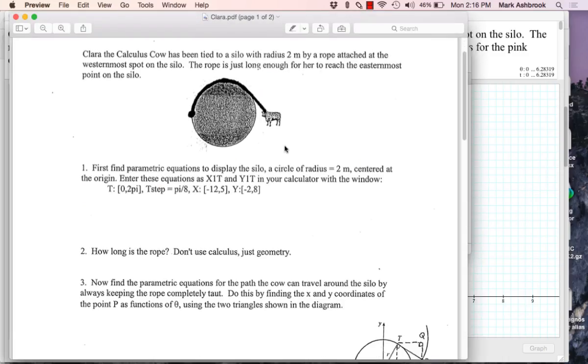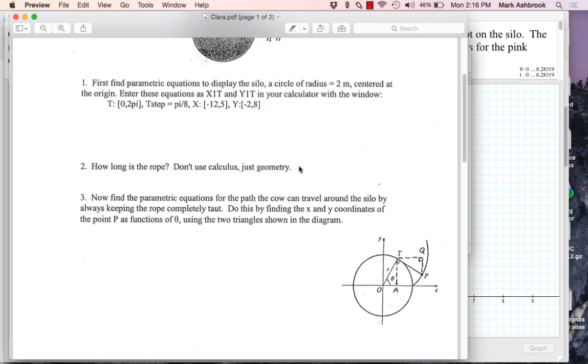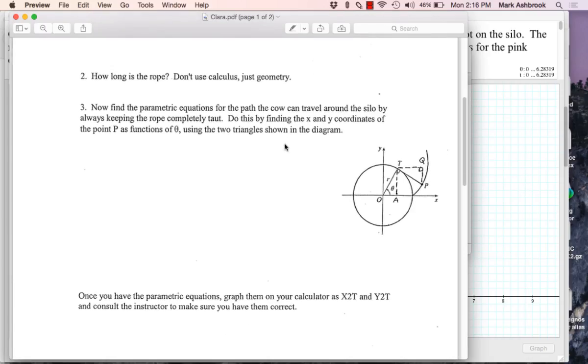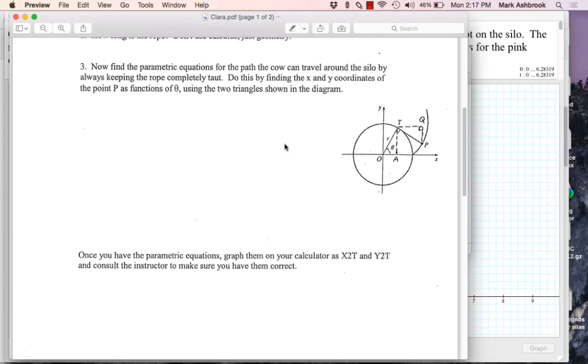Don't go on to number 2 until you're 100% sure on number 1, and so on. Number 3 is the crux of it. Number 3 is giving you how you're going to get the parametric equation for that curve, the boundary of where she can graze. So make sure you have number 3 correct.